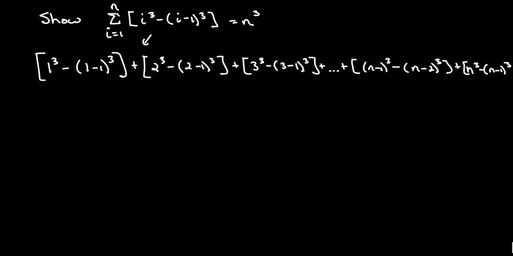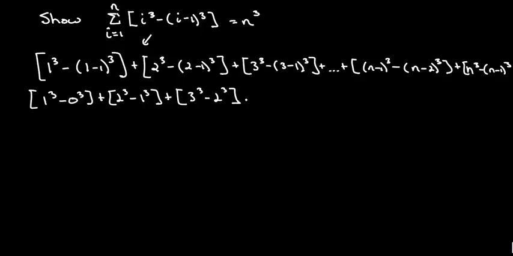Now what you're going to notice, let me rewrite this. This is 1 to the third minus 0 to the third plus 2 to the third minus 1 to the third plus 3 to the third minus 2 to the third plus, let me go all the way down to here.